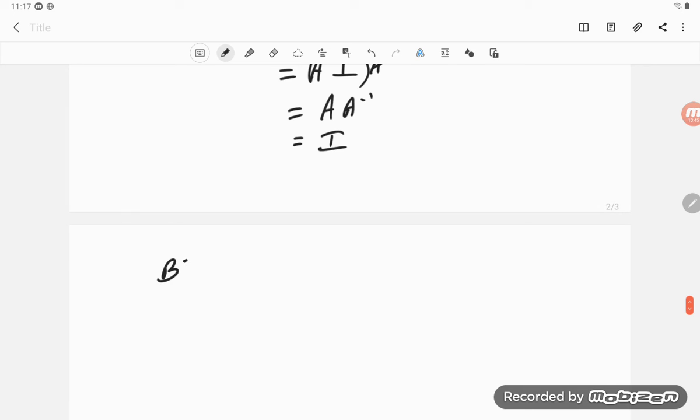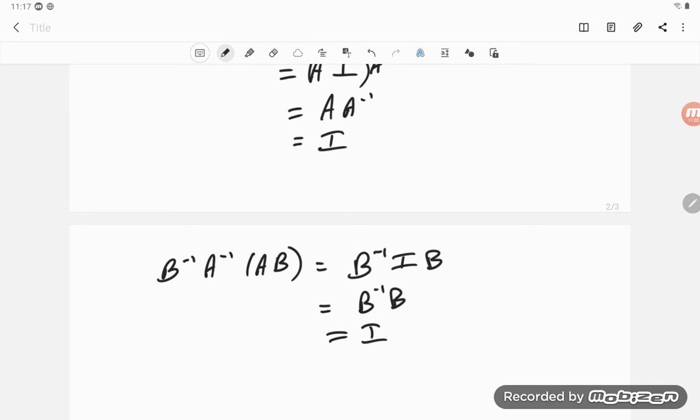B inverse A inverse times AB equals, same thing, we reassociate and we get B inverse I B, but then that's just B inverse B, and that's I. So we get the identity either way.